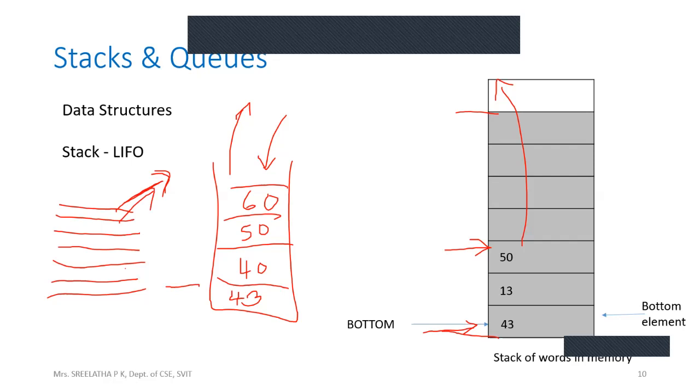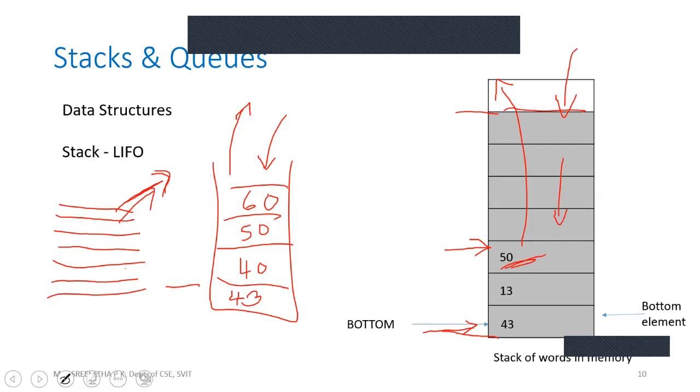So there is only one entry. From that entry, data is added to the top, and data can be taken from the top itself. Whatever element you enter last will be the first element to be taken out.